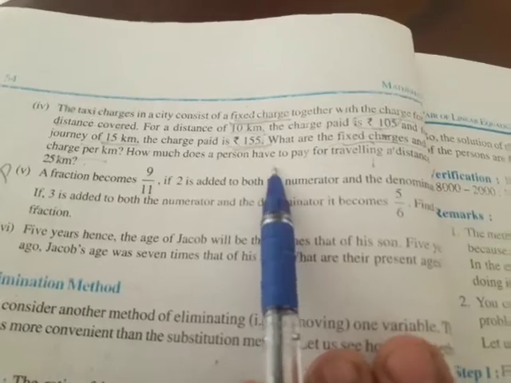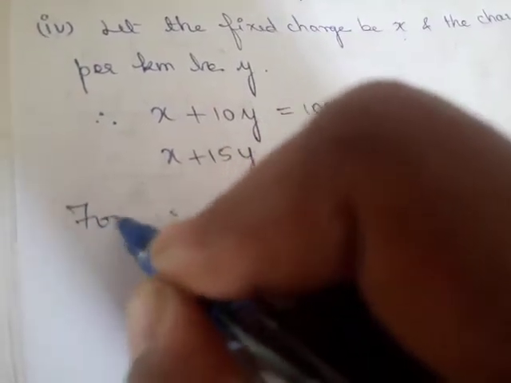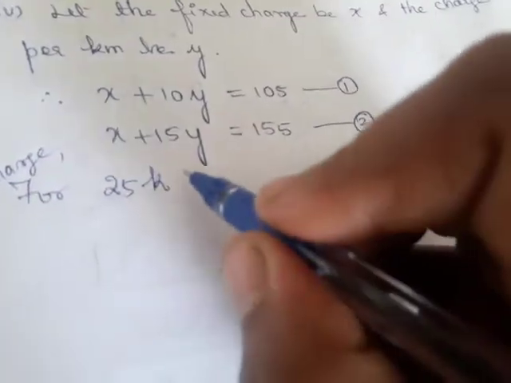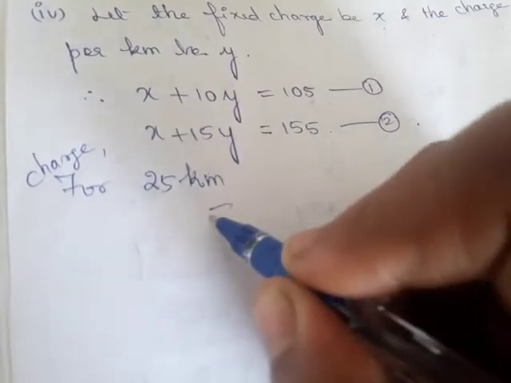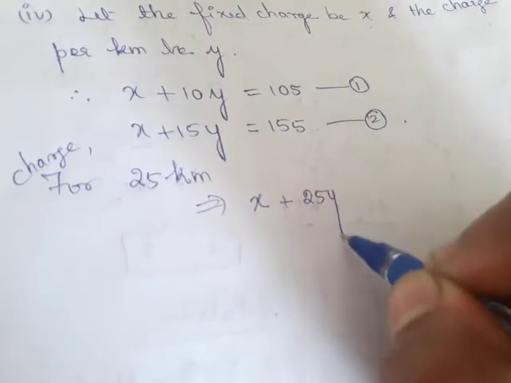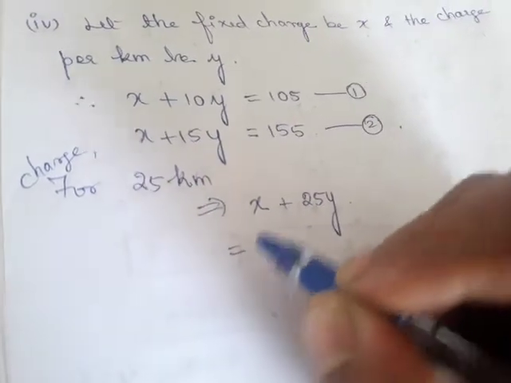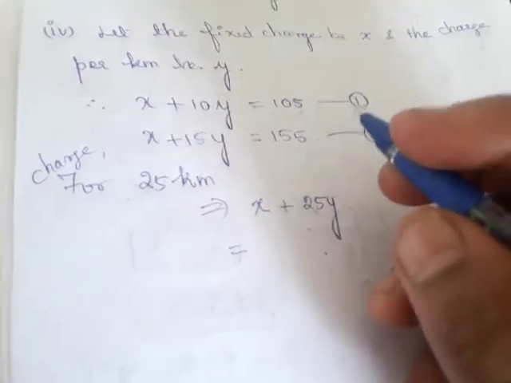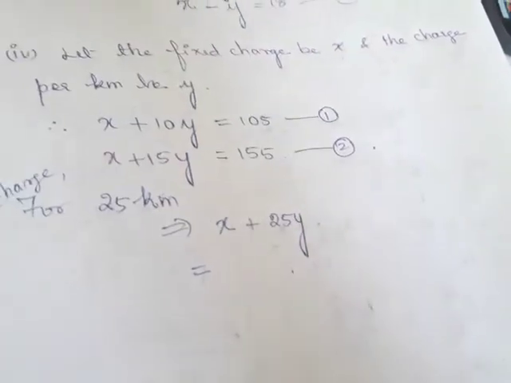So substitute in that and get the answer. See, for 25 kilometer, how will you frame your equation, which is the fixed charge plus the charge for 25 kilometer, which is equal to, after finding the value of X and Y, substitute here and find the answer, right?